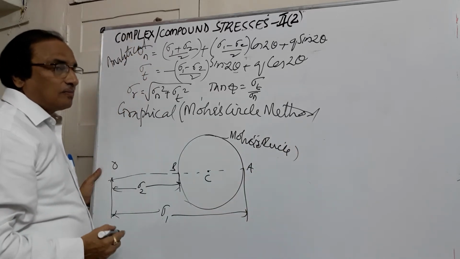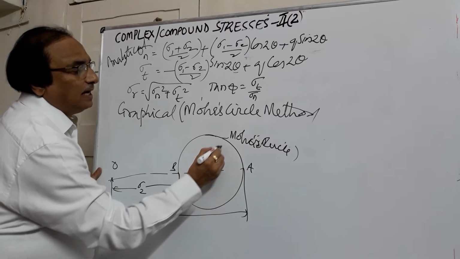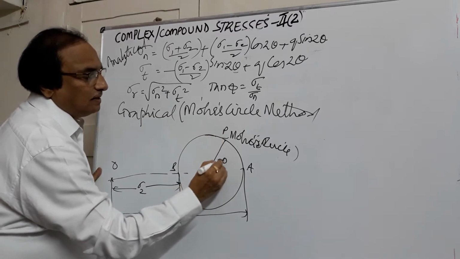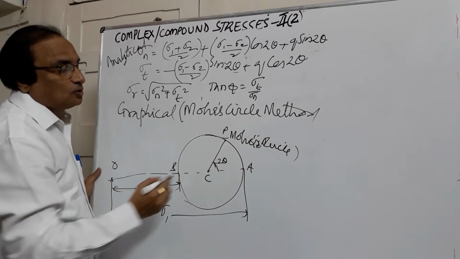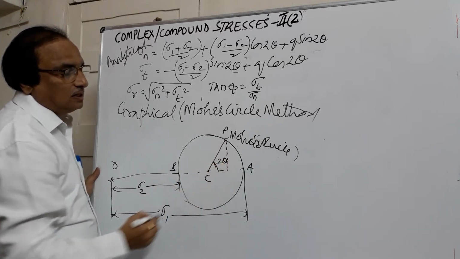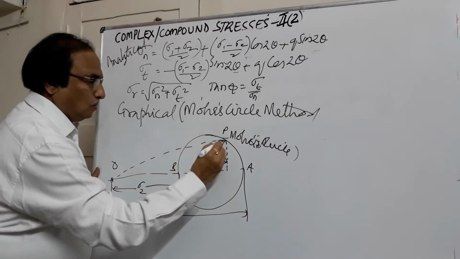Now to locate the normal stress and tangential stress, what to do? From C, draw a line CP that makes an angle of 2 theta with respect to sigma 1. From this point P, drop a perpendicular on the line OA and join the line OP.